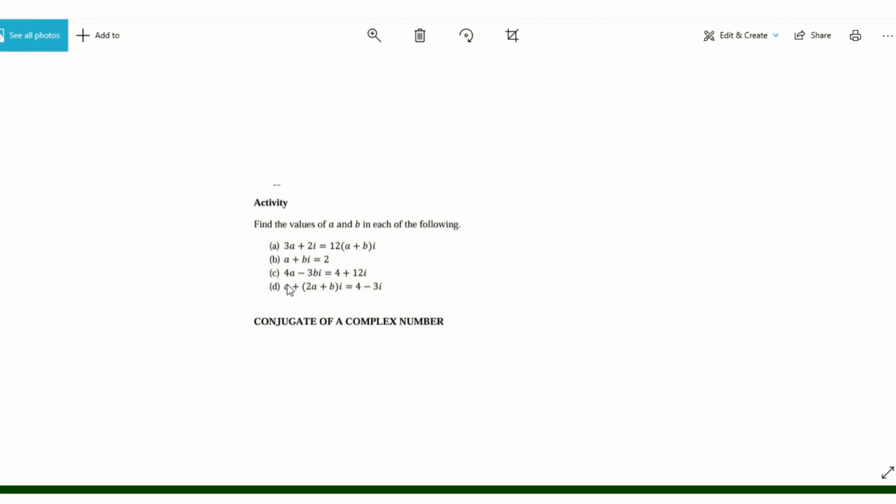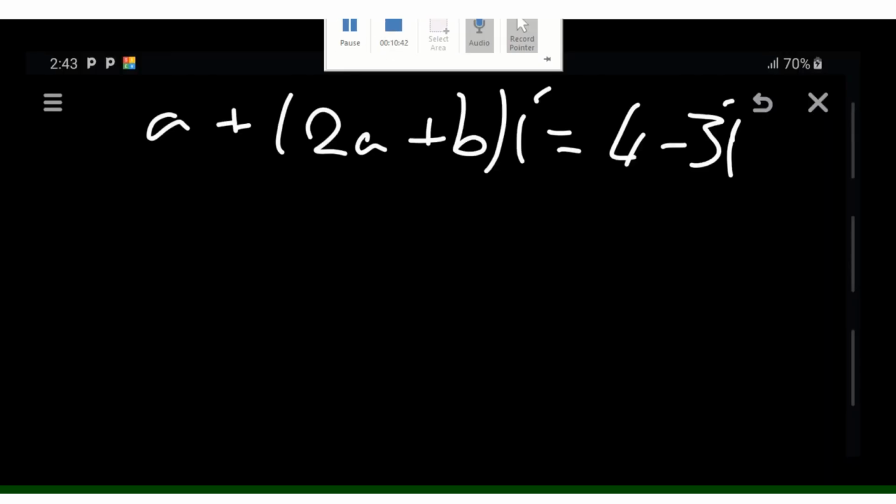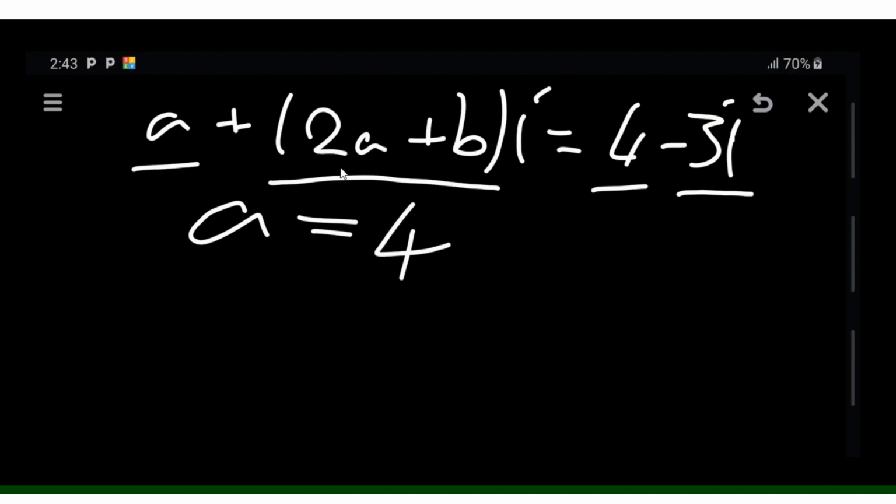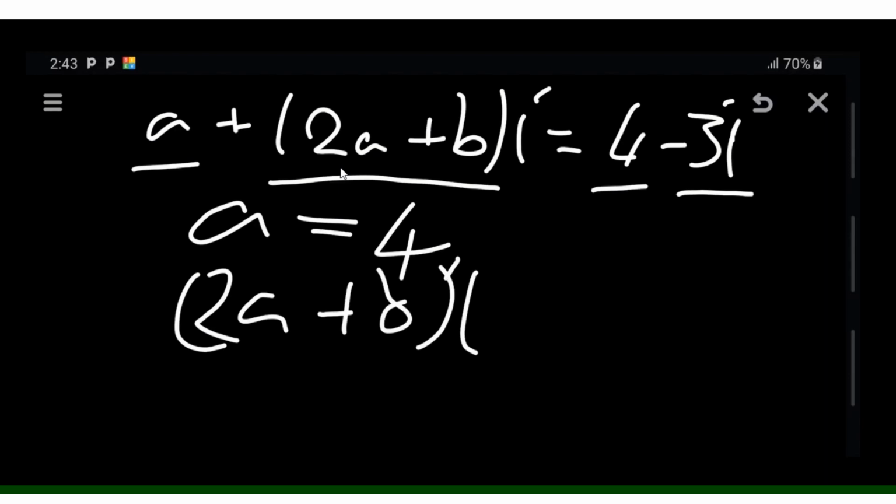The last question is d. So this one too, this is the imaginary part and this is the imaginary part, the real part and this is the real part. So I'm equating from here. I know my a is equal to 4, and this part I'll say 2a plus b, in brackets, times i, is equal to negative 3i.